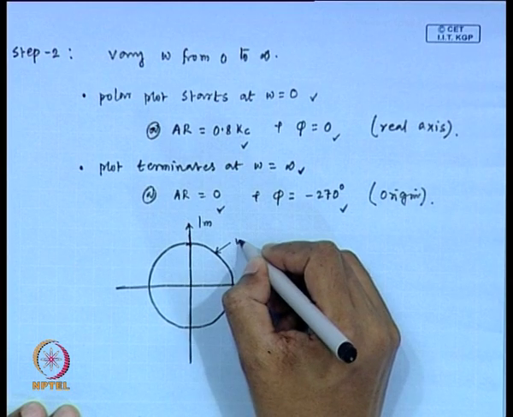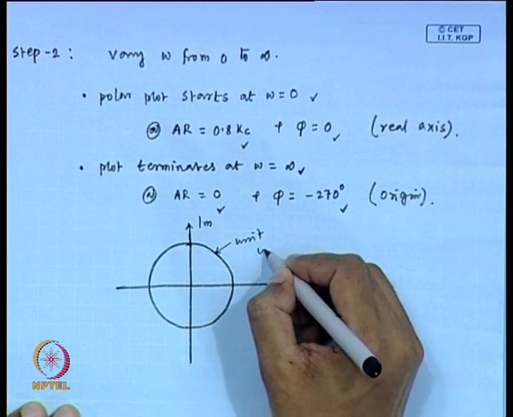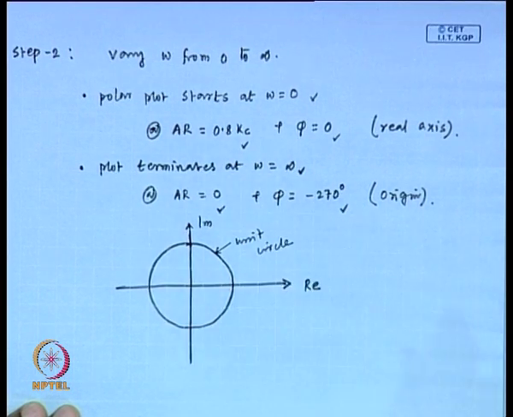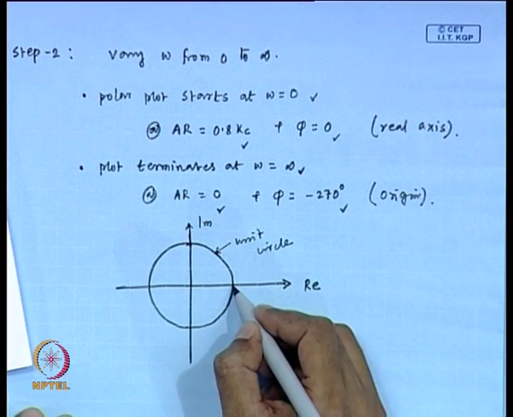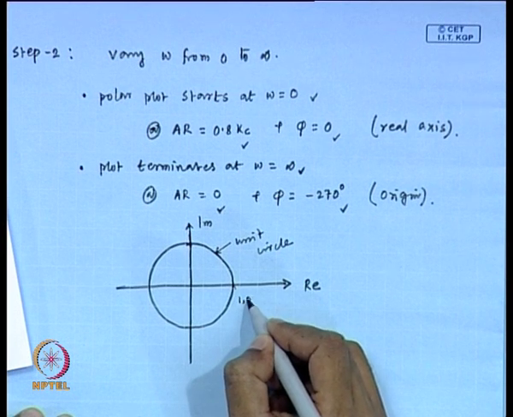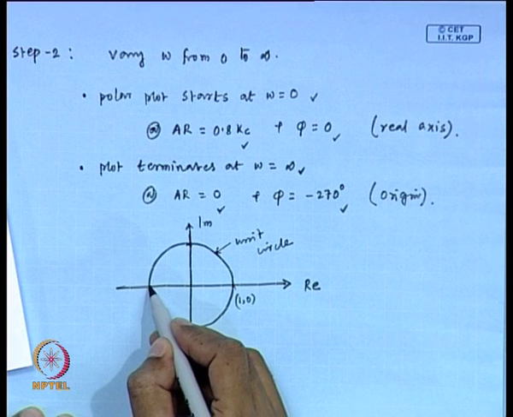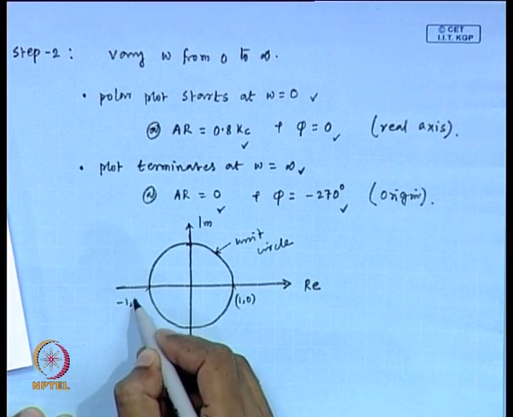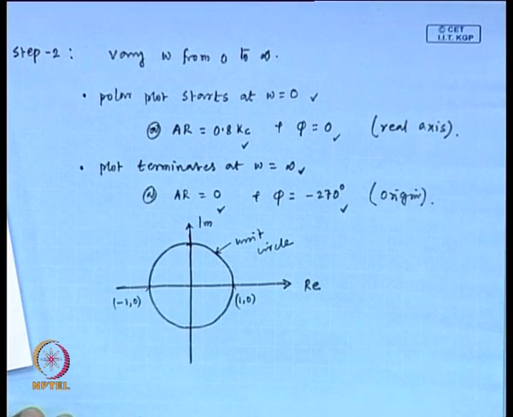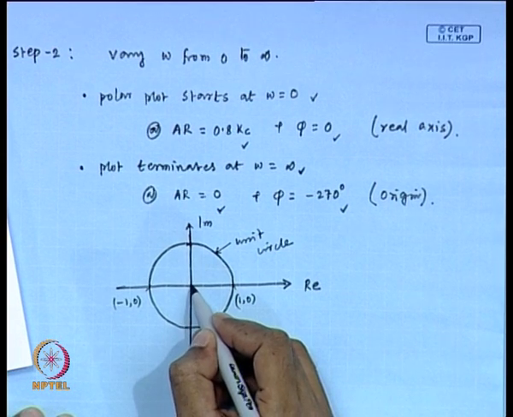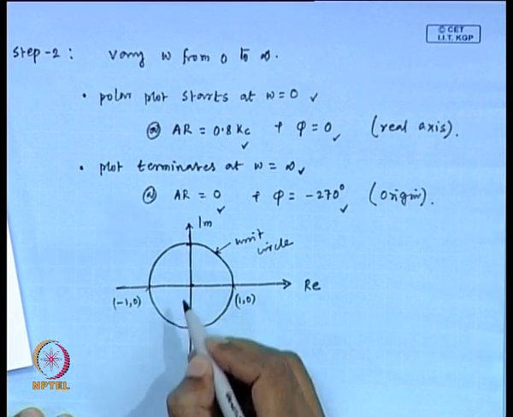That means this point indicates 1, 0 and this point indicates minus 1, 0 and this is the origin.